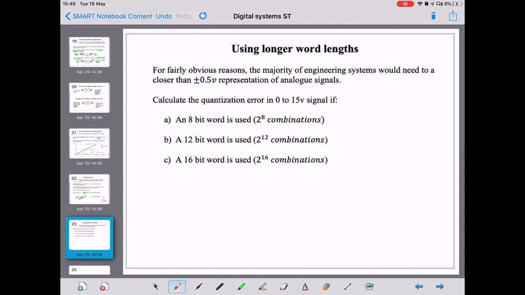So an 8-bit word is 2 to the 8 combinations, a 12-bit word is 2 to the 12 combinations, and a 16-bit word is 2 to the 16 combinations. That's for a 0 to 15 volt signal.